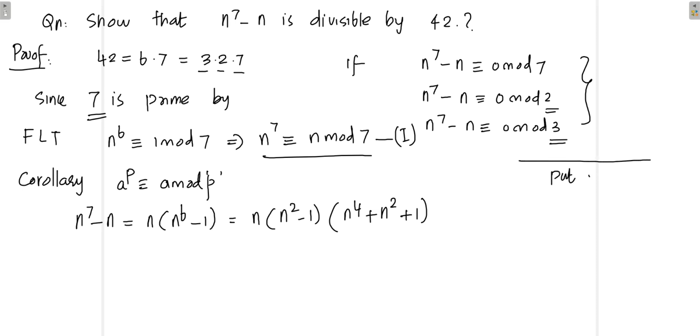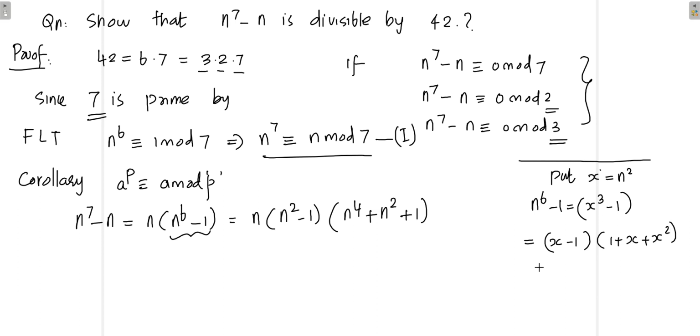put x is equal to n square. So ഈ അകത്തെ ഭാഗം n raised to 6 minus 1 is x cube minus 1 എന്ന് കിട്ടും. ഓക്കെ, x cube minus 1നെ x minus 1 into 1 plus x plus x square എന്ന് എഴുതാം. എക്സിന് പകരം വാല്യൂ സബ്സ്റ്റിറ്റ്യൂട്ട് ചെയ്യുമ്പോൾ x is equal to n square, that is n square minus 1 into 1 plus n square plus n square the whole square is n raised to 4. അതാണ് ഇവിടെ എഴുതിയിരിക്കുന്നത്.